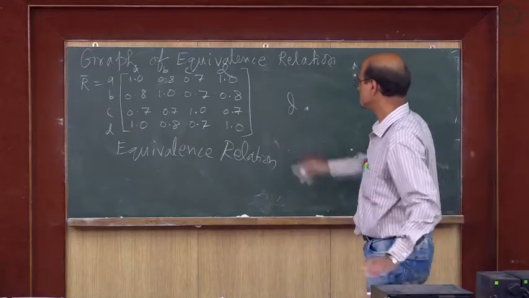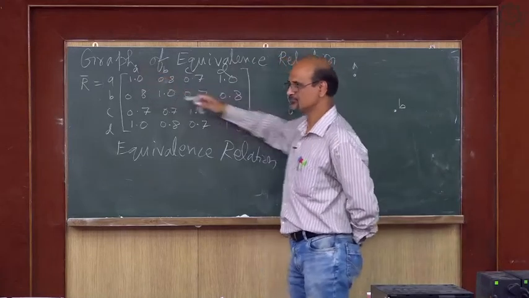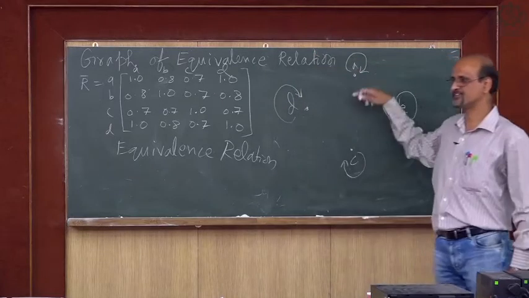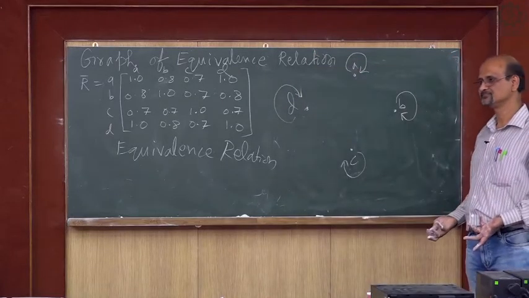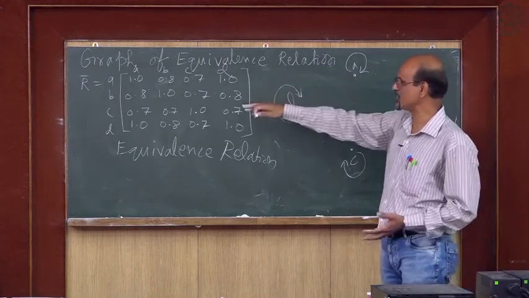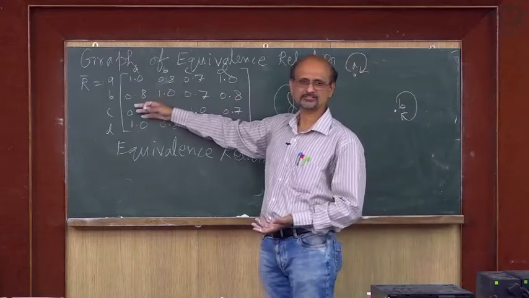See, I have one full relation, meaning it is itself reflexive, nothing more. Okay. Now, I have A to B, B to A, all are there with the same strength because it is symmetric.